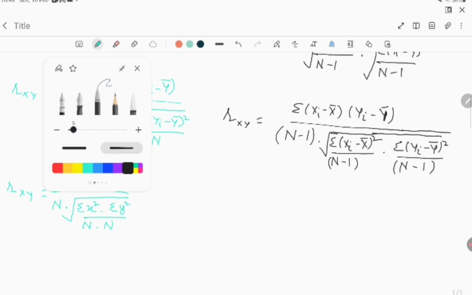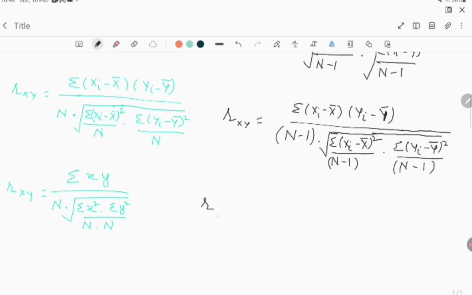Same with the sample correlation: summation small x into small y divided by n minus 1, multiplied by summation x squared. Why are we taking the square?